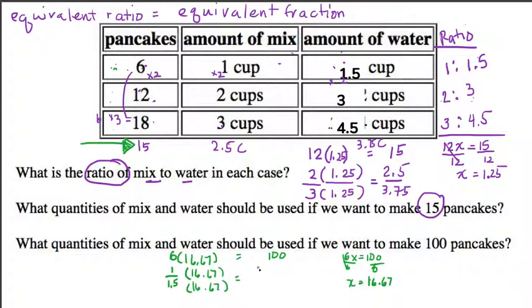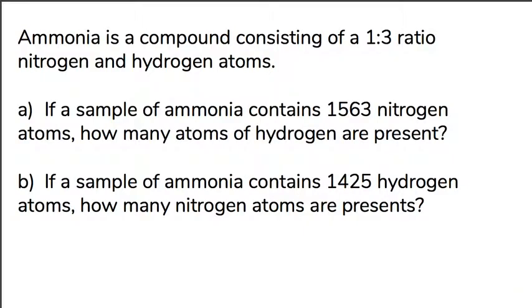So you end up with 16.67 cups of mix over 25 cups of water. So 16.67 mix and 25 cups of water. That is a lot. Okay? Okay, let's go to the next slide.